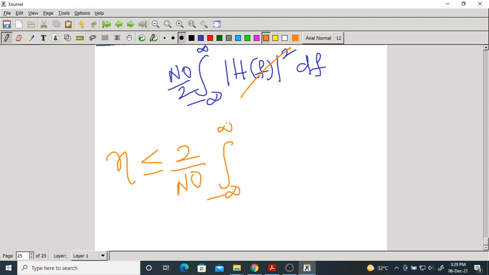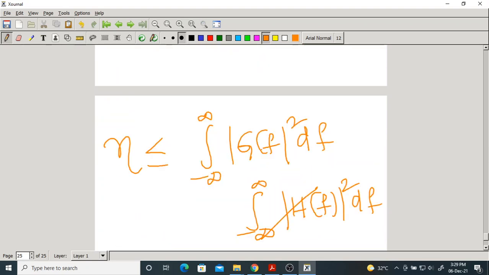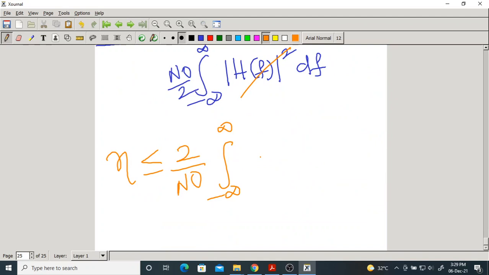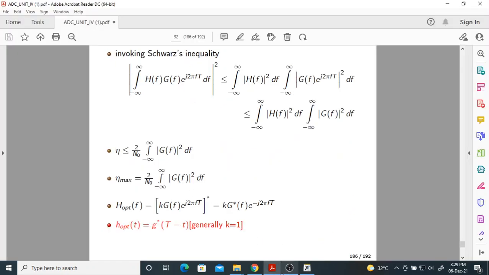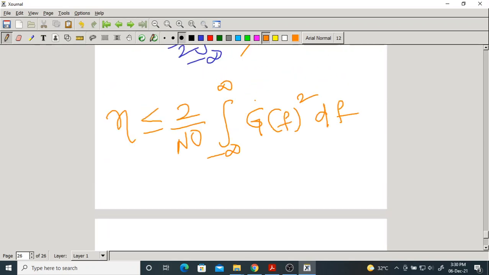times the integral from minus to plus infinity. Here mod is not required because G is generally a real quantity. You can also directly write G of f whole square df. So what is the maximum of this value? Maximum means equality.